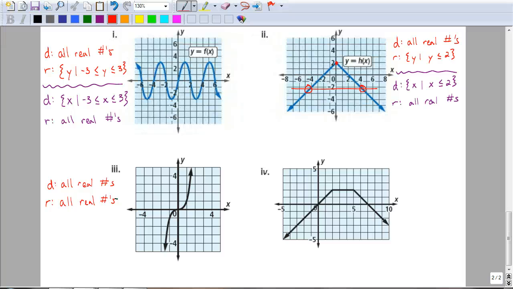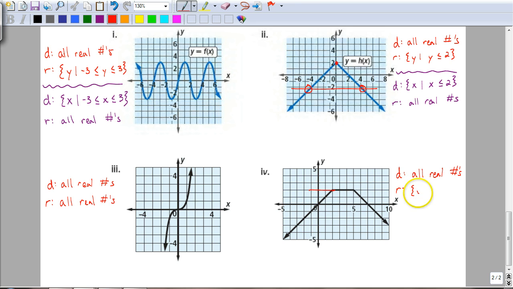Now for this one, the inverse is not a function because it fails the horizontal line test. The domain for the original function would be all real numbers. The range for this one starts here where y is 2.